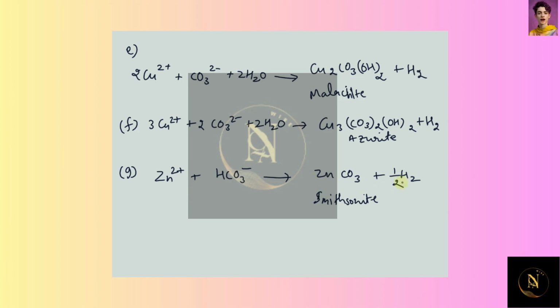If we want to balance the chemical equation in such a way that we are left with only whole numbers, we will multiply all these by 2. So finally we will have 2 zinc 2 plus ions reacting with 2 bicarbonate ions, giving zinc carbonate of 2 moles and 1 mole of hydrogen gas. This will be the balanced chemical equation for the synthesis of smithsonite.